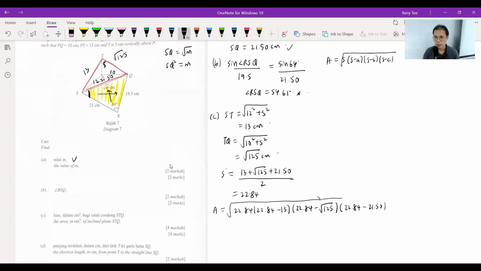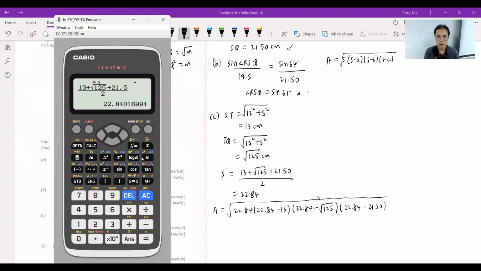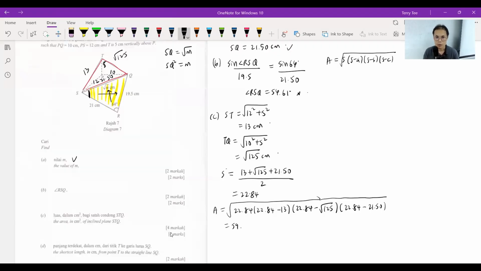Use your calculator. Like I said just now, I can use the answer button, since this is already stored in my calculator. So I take square root, open bracket, answer minus 13, close bracket, open bracket again, answer minus square root 125, close bracket, answer minus 21.5, close bracket, press equals. There you go, 59.26. This is your area, luas bagi sata condong STQ.